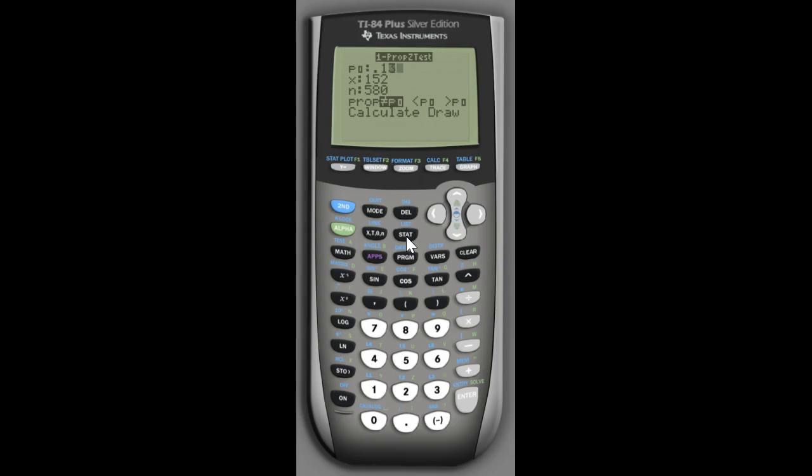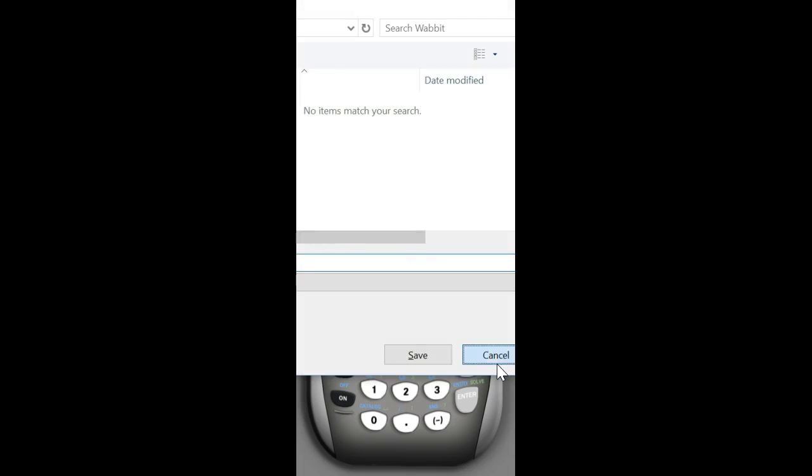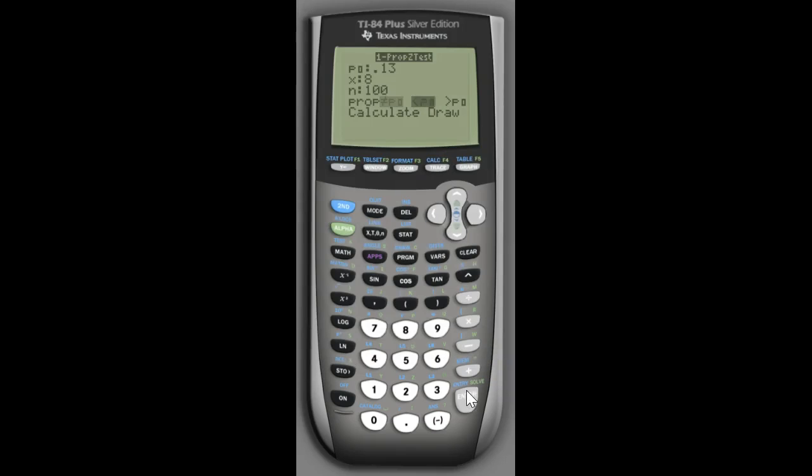I'm testing against 13%, 8 brown M&Ms out of 100, and I have a left-tailed test. Oops, sorry about that. Left-tailed test. So I go and I do my calculation. I have a p-value here of 0.0685. So let's see what that does for us.